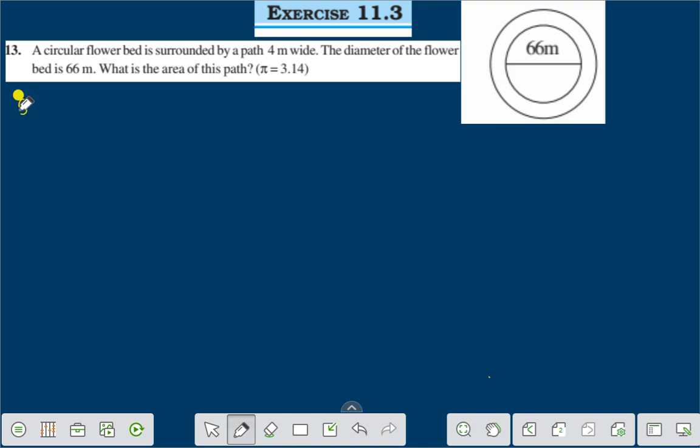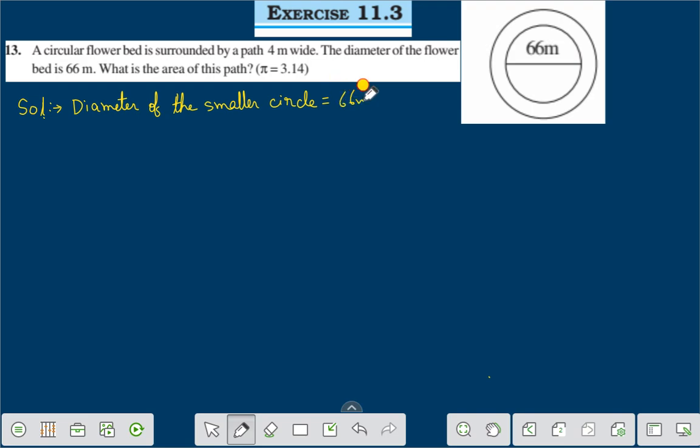Suppose diameter of the smaller circle is equal to 66 meter.